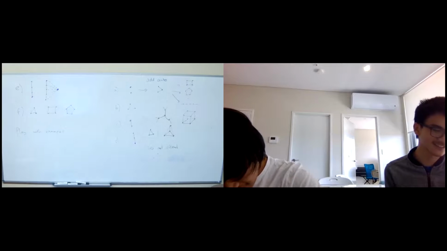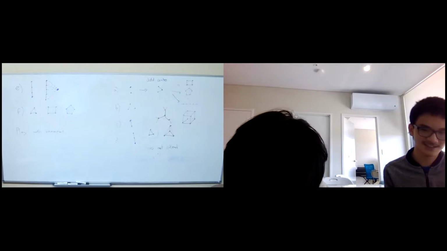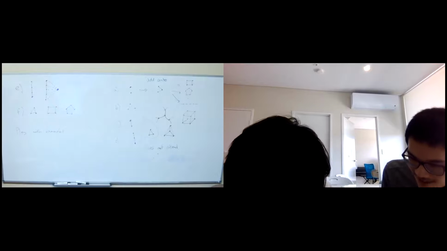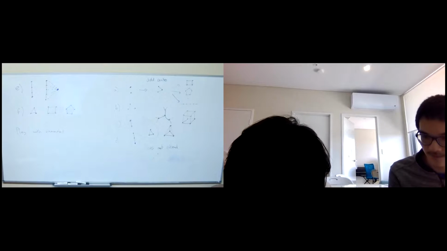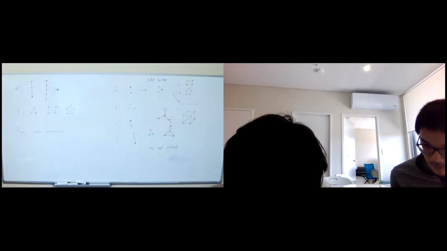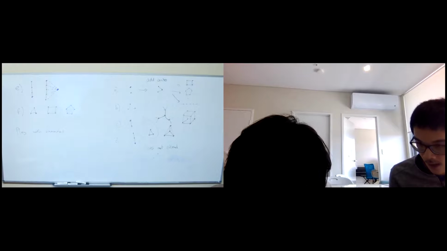I'm pretty sure the polygon stuff doesn't work, because you get massive degree in the center. If you go for the longer and longer ones, you can use a similar argument. So this is connected to 3. Say this has degree n.